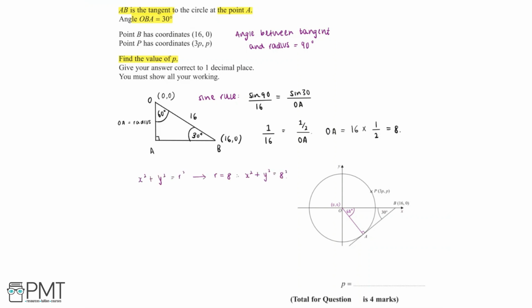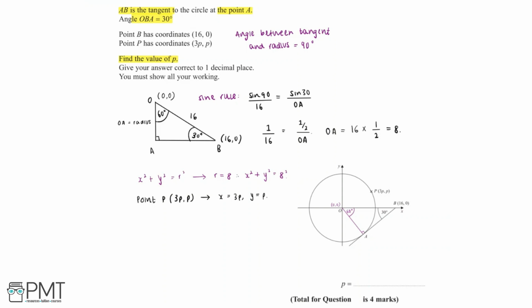Now this question asks us to find the value of p. Now we know that point P has the coordinates (3p, p), and we also know that point P lies on the circle. And so this means that the coordinates of point P can be substituted in to the equation of our circle. Now using the point P, we can say that when x is equal to 3p, y is equal to p.